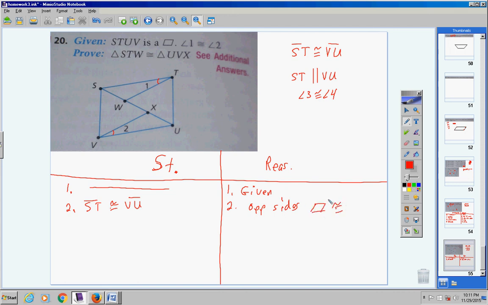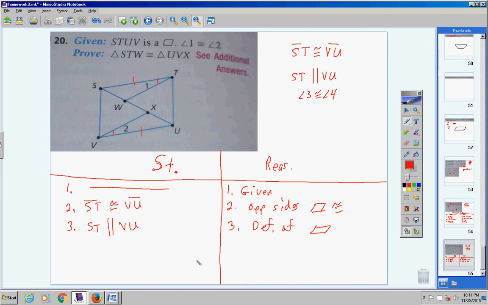Let's mark that, okay? There, there. Now, step 3, I'm going to state that ST is parallel to VU. How can I state that? Definition of a parallelogram. If I have a parallelogram, I know the opposite sides are parallel.